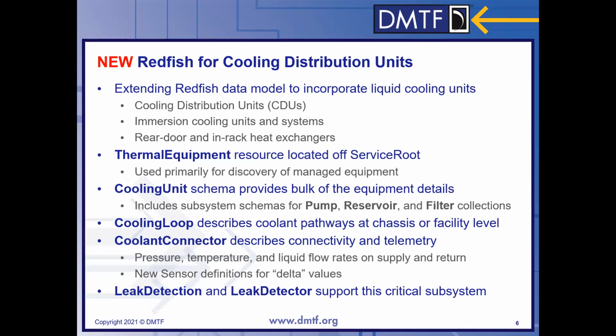Off of thermal equipment then are our individual collections of cooling unit schemas. Cooling unit is the generic term for a functional piece of cooling equipment, and that's where the bulk of the equipment details will show up for each piece of equipment in that infrastructure. And of course, as with everything else in Redfish, the models all support one or one-to-many.